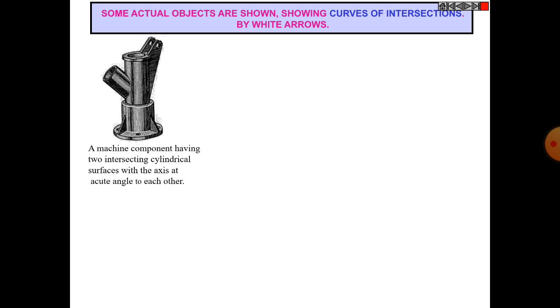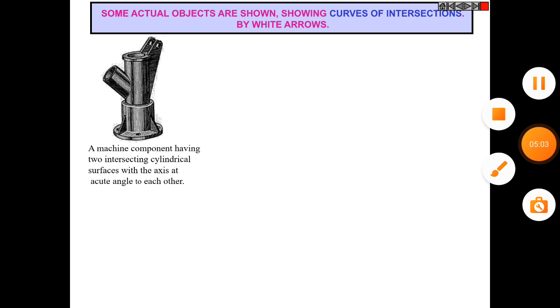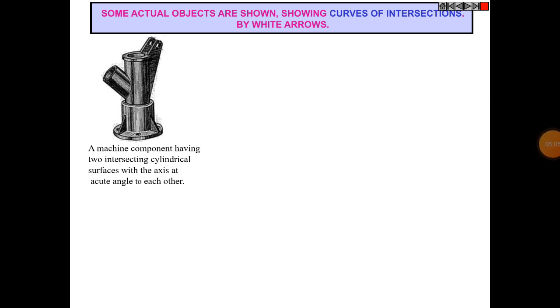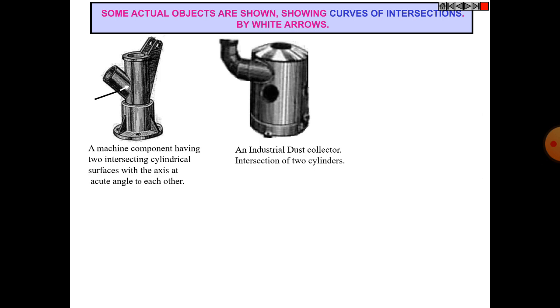First is a machine component having two intersecting cylindrical surfaces whose axes are at an acute angle to each other. Next, an industrial dust collector, intersection of two cylinders, shown by white arrows.